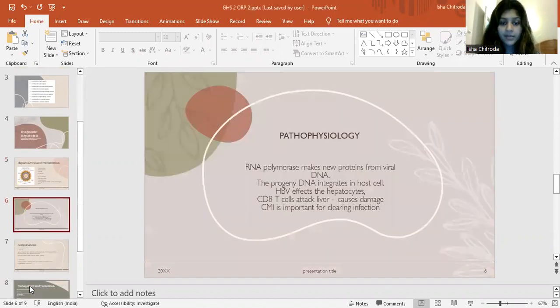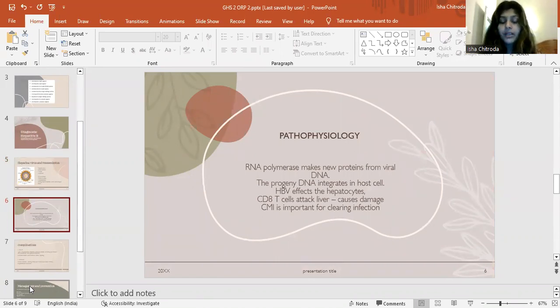So let's look at the pathophysiology. So this virus uses the RNA polymerase to make new proteins from viral DNA. This viral DNA, or the progeny DNA, is the one that integrates into the host cell, and this is how there's the spread of the infection.